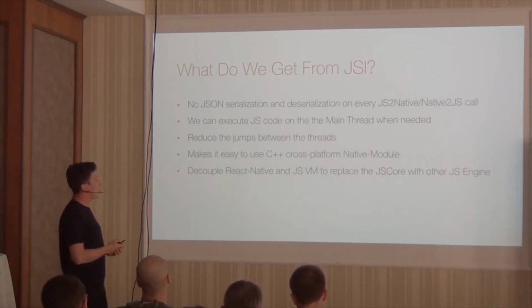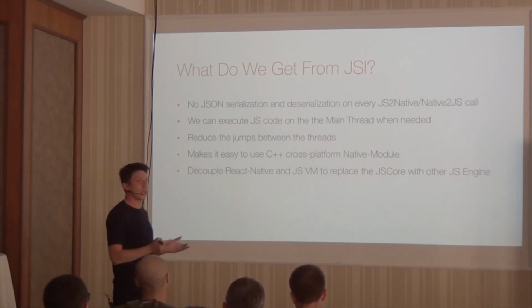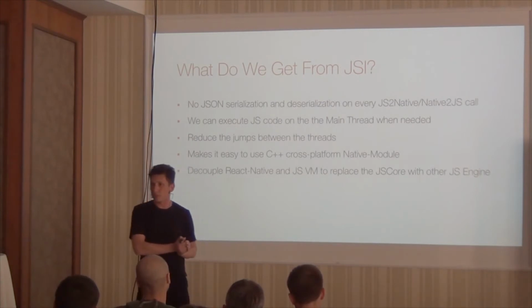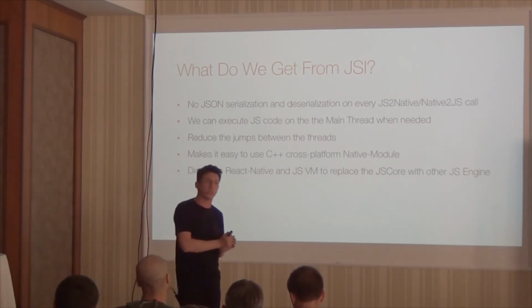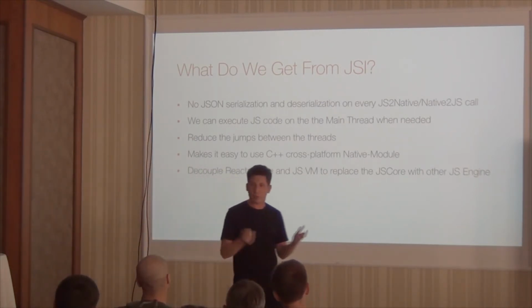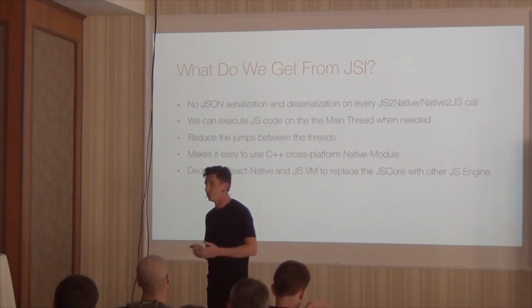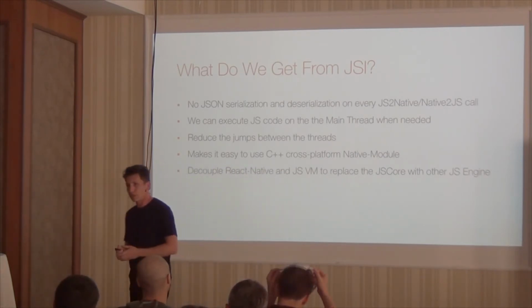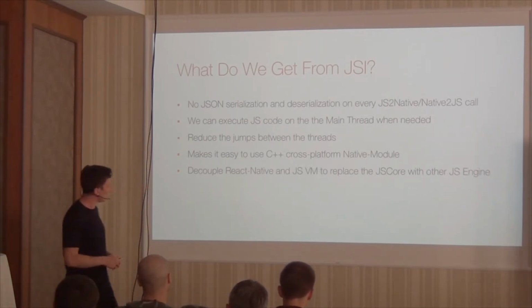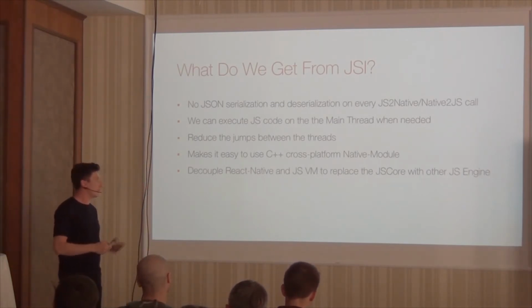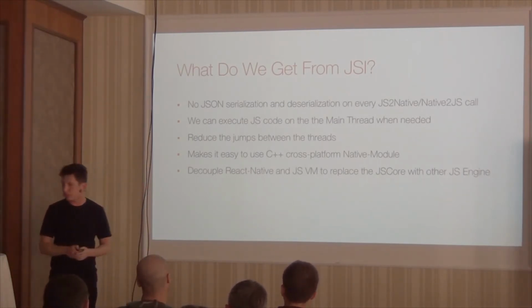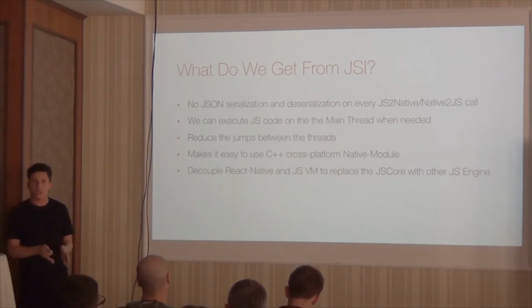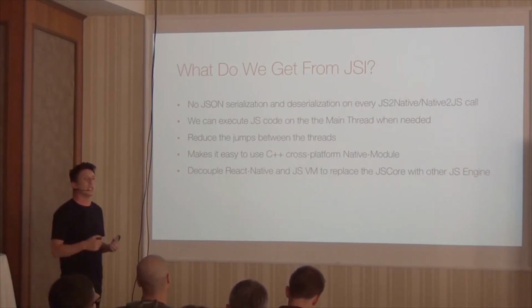And it's now very easy to create a cross-platform native module in C++. For example, if we want to take some C++ library like FFmpeg and integrate it to React Native, it's very easy now.